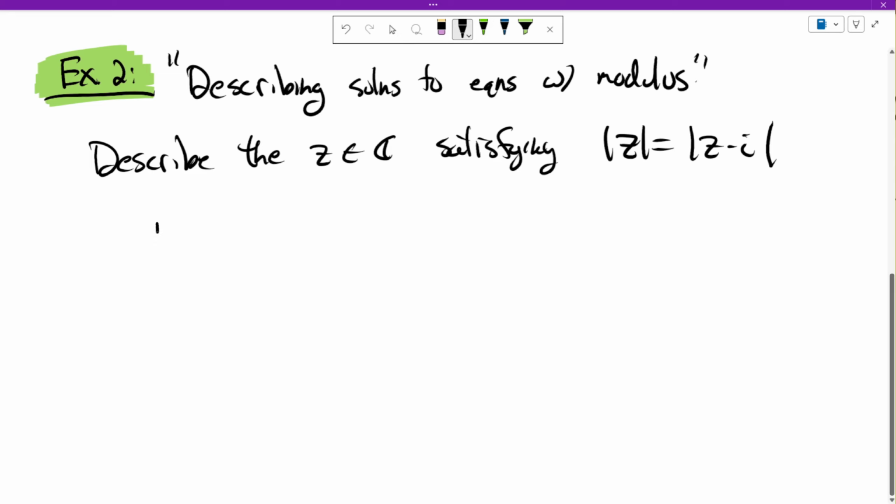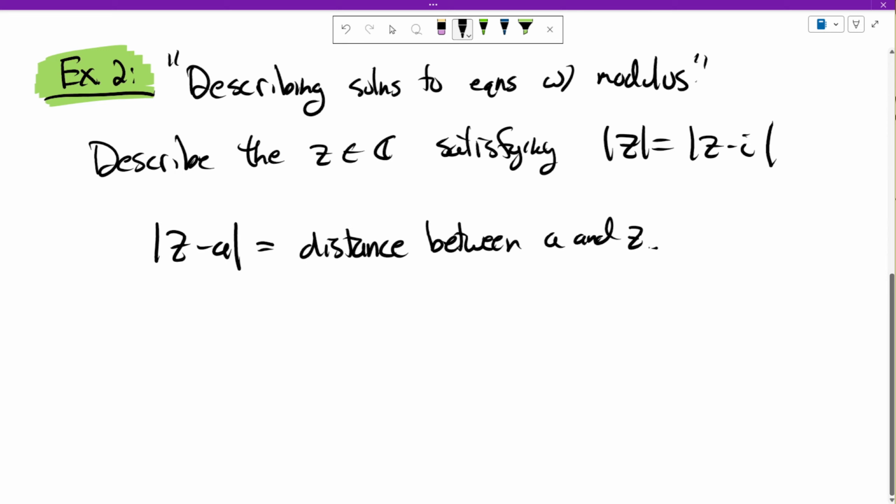When we write z minus a, where z and a are complex numbers, this is the distance, well, it's not sort of, it is, the distance, not directed, between a and z. Straight line distance.